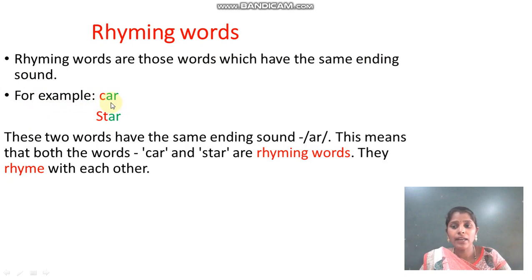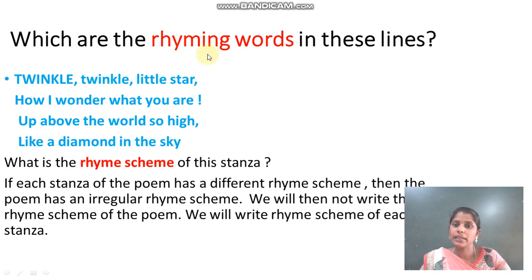Here, car and star both end with the R sound. These two words have the same ending sound, that is R. This means that both the words car and star are rhyming words. They rhyme with each other.